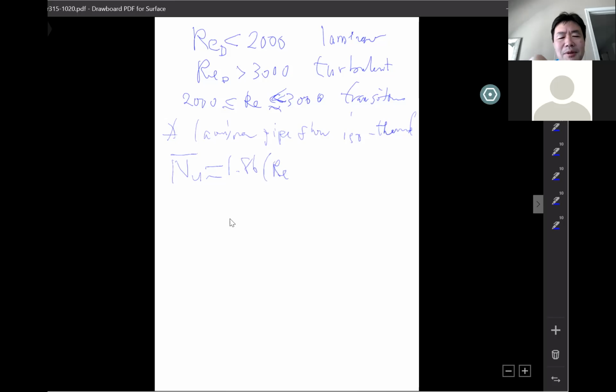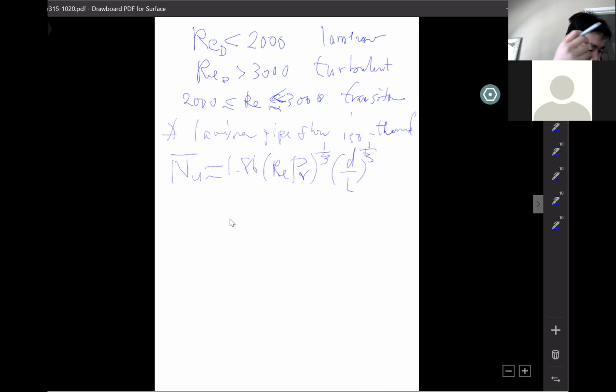Here, I'm going to talk about all Reynolds number based on D. I just don't want to write that D. You know it. It's not the flat plate. Prandtl number to the power of 1/3, times D over L, to the power of 1/3.